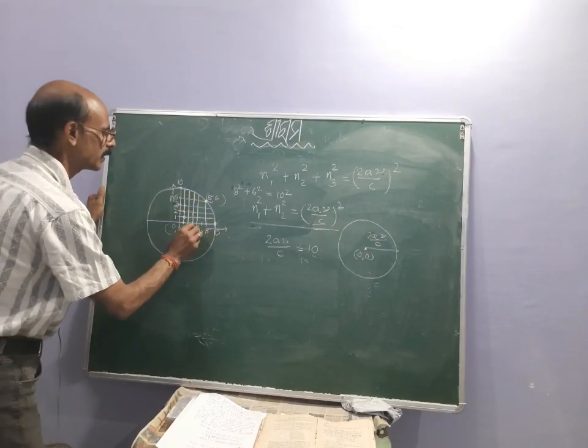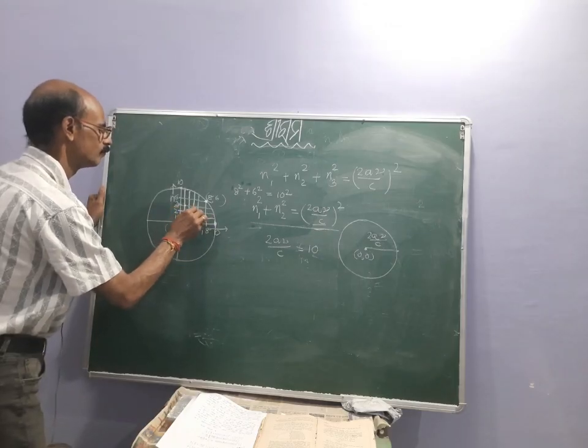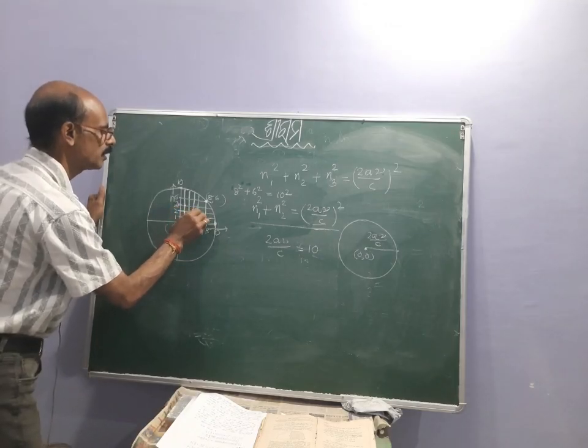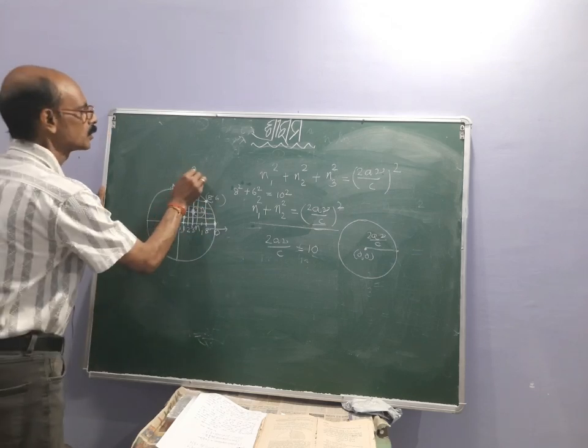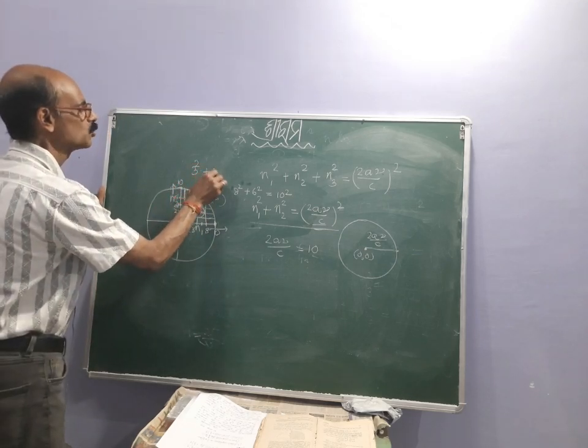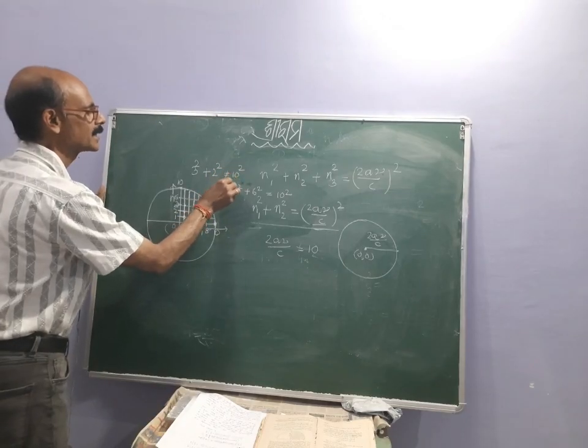But if I take, suppose, 3 and 2, this point is 3, 2. So 3 square plus 2 square is not equal to 10 square. It is less than 10 square.